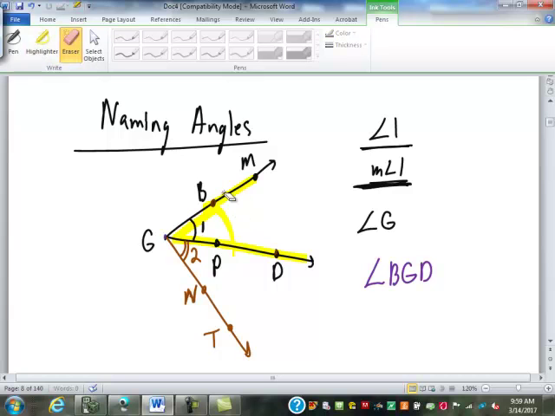Now, of course, that same angle could be named MGD. Could be labeled MGP, or it could be labeled BGP. All of those are suitable names for that angle.